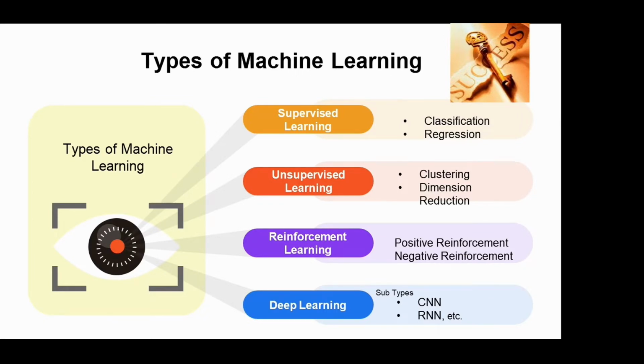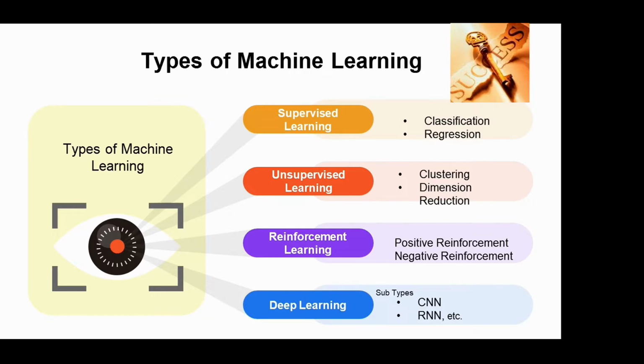Classification means, suppose you want to perform binary classification, that this particular object is of class 1 or class 0. Class 0 means negative and class 1 means positive. If we want to categorize the objects in two parts, 0 or 1, then it is known as binary classification. If we are categorizing the objects into more than two classes, then it is multi-class classification.